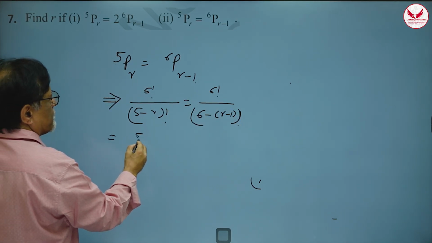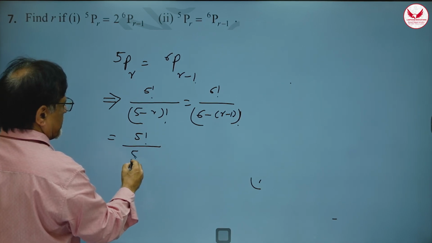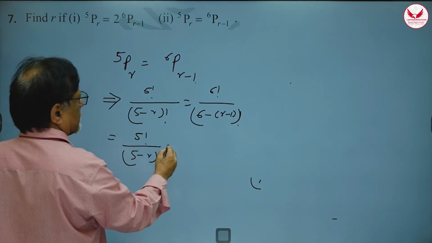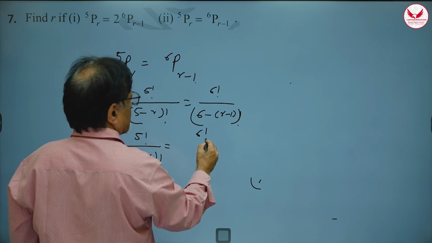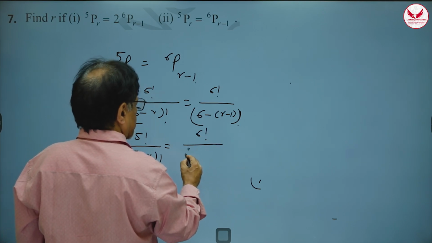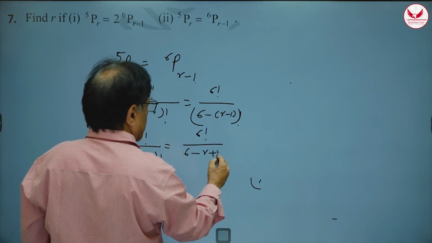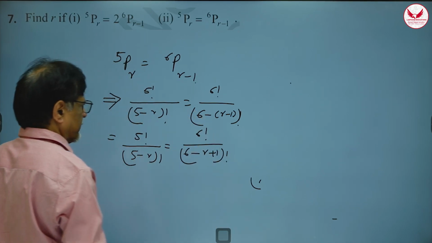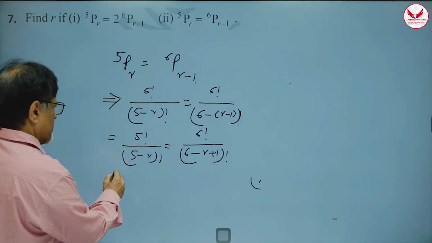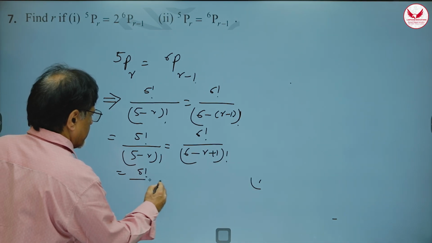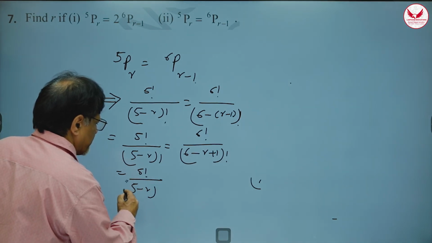This means 5 factorial divided by (5 minus r) factorial equals 6 factorial divided by (7 minus r) factorial.